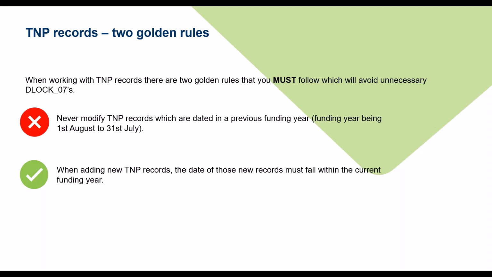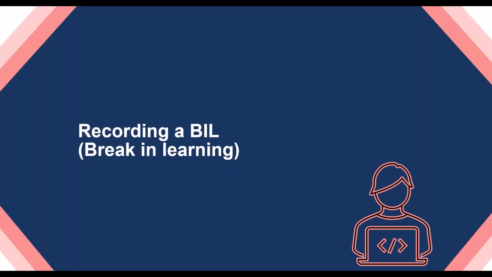And the second one is when adding new records, they must always be dated in the current funding year. And just to reiterate, a funding year runs from the 1st of August through to the 31st of July. And if you do break any of those records, you will cause yourself an unnecessary DLOC 7.